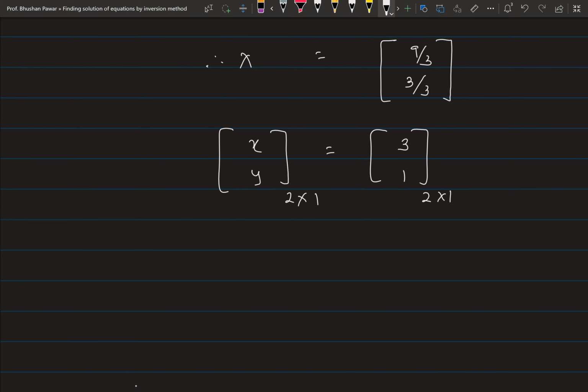So since the orders of the matrices are equal, hence we can say by equality of matrices, first element X is 3 and second element Y is equal to 1.